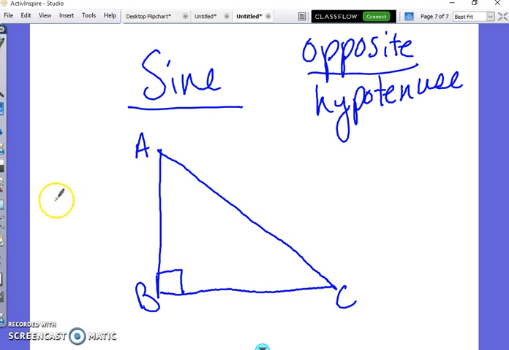If I was trying to find sine A, that's the ratio of the side opposite to the hypotenuse. So what's the side opposite, and what's the hypotenuse? AC.